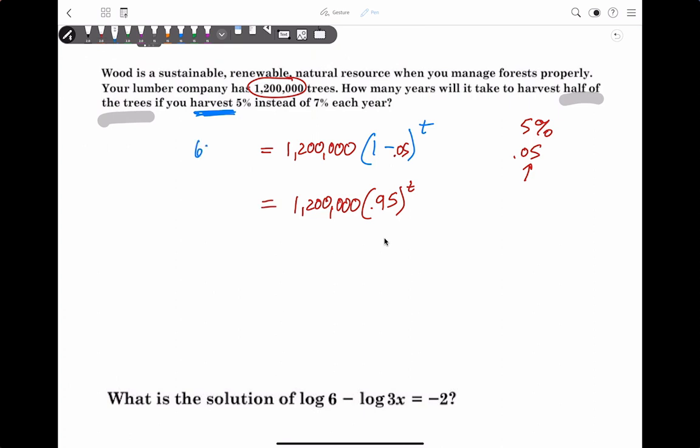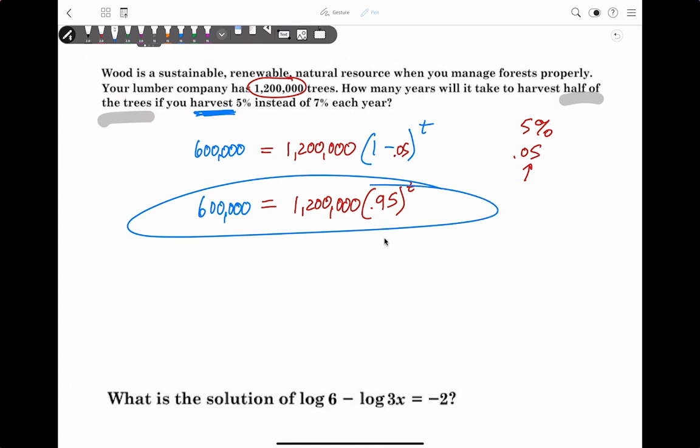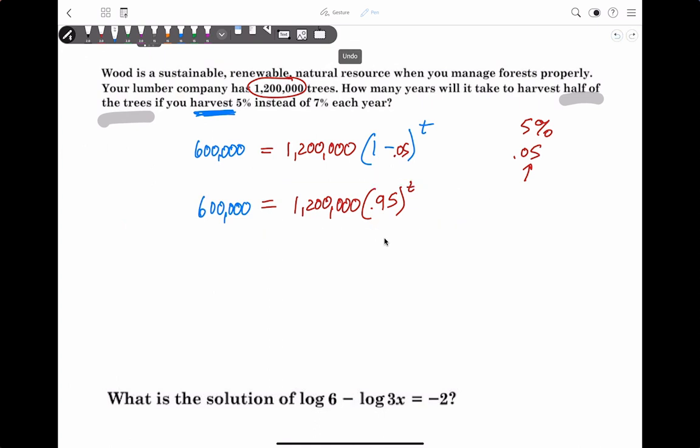So it will result with 600,000 here and 600,000 here. Again, I know you could just use the menu solve feature, but we're trying to develop other pieces of our math. So we're going to divide both sides by 1.2 million. So it becomes 1/2 is equal to 0.95 raised to the power of t.